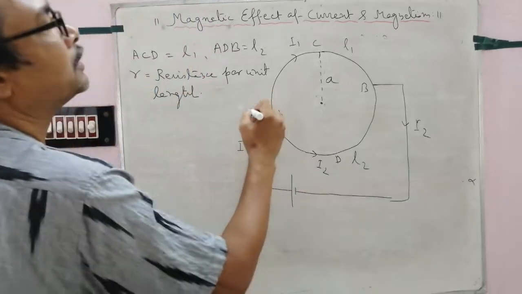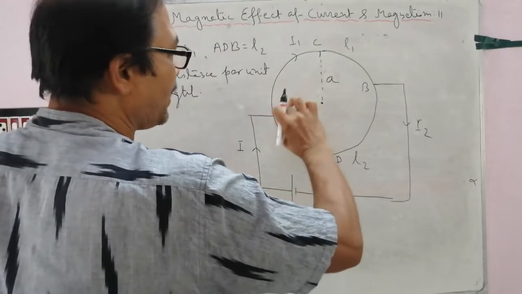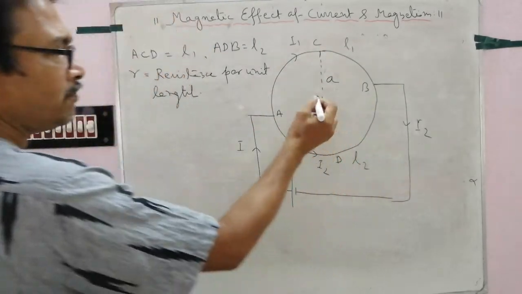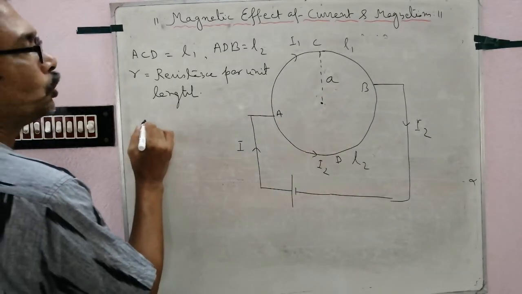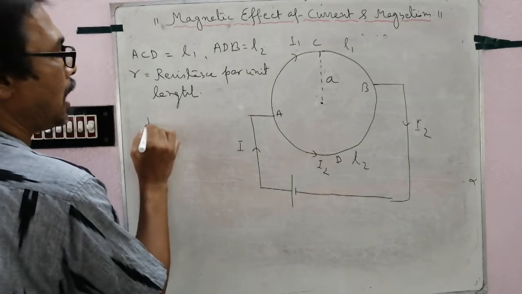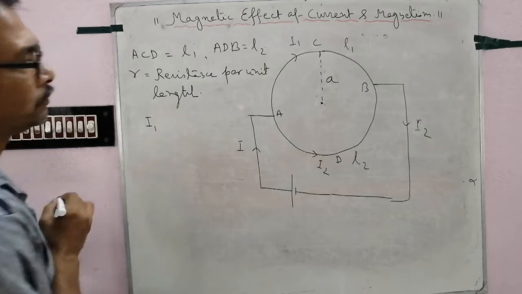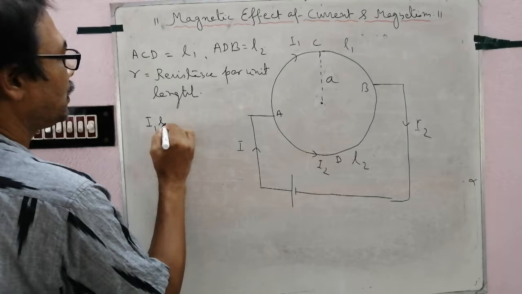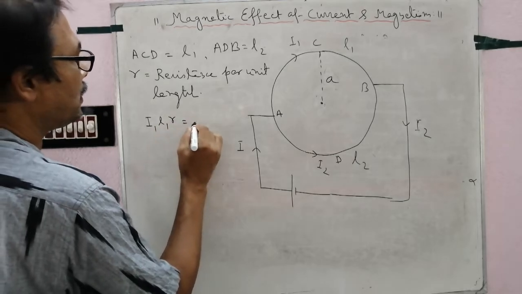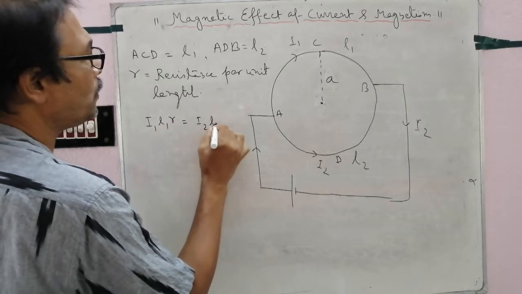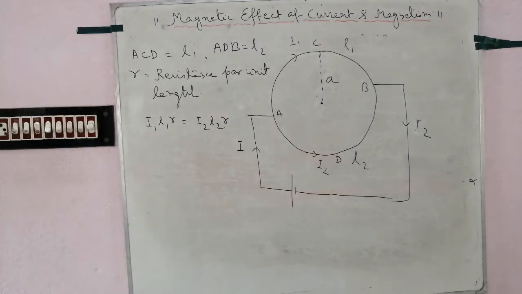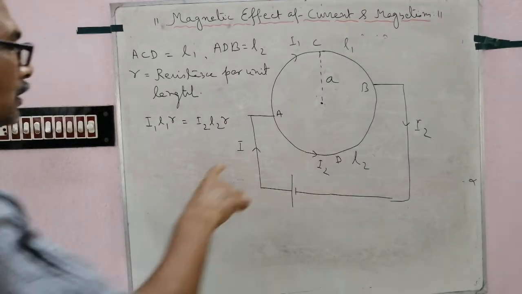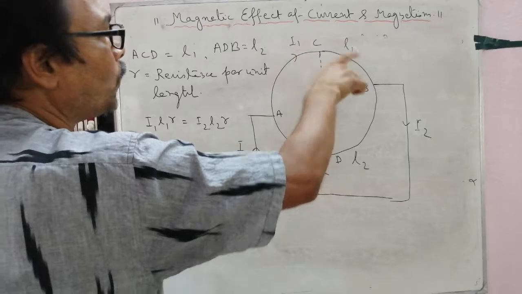So the potential difference across this wire and this wire is the same because they are parallel. So I1, the resistance of the upper portion, I1 L1 R equals I2 L2 R. Clear? Follow. VA minus VB equals IR.